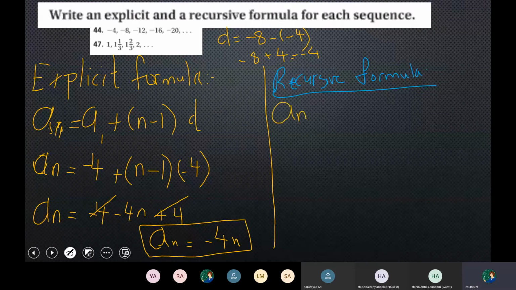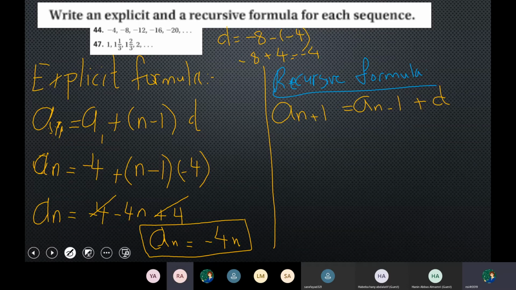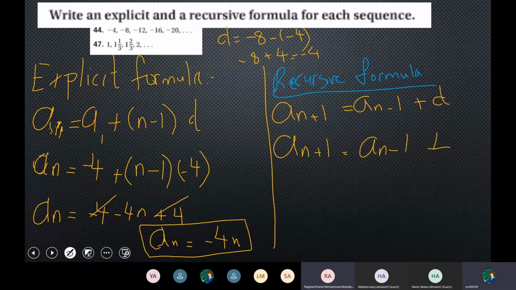That means a sub n plus 1 is a sub n minus 1 plus the difference. This is the recursive formula. It's a sub n equals a sub n minus 1, it's not a sub n plus 1, right? Minus 4.